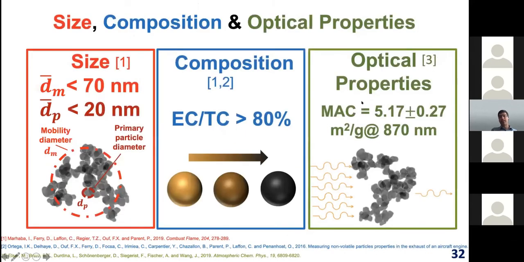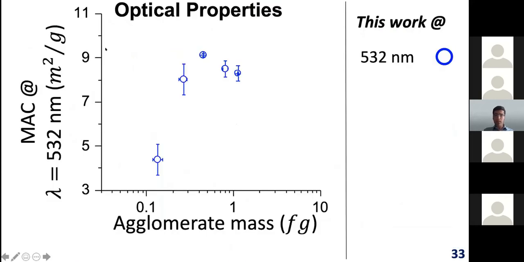Now, the last criterion was the optical properties of these particles. For that, we measured the absorption function of soot particles with PAX. We also measured the number density. We converted absorption coefficient to absorption cross-section using PAX as well as CPC data. Then, using mass that we had measured from CPMA and APM, we could convert that to MAC of these soot particles.